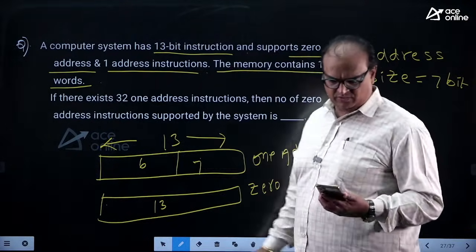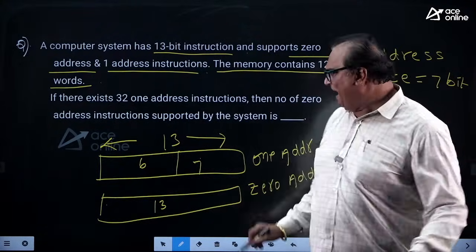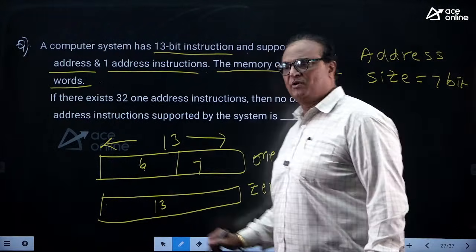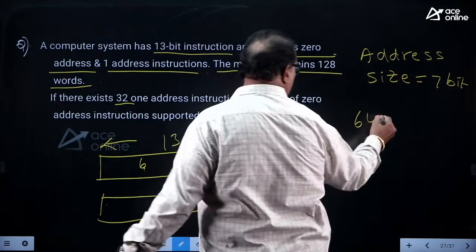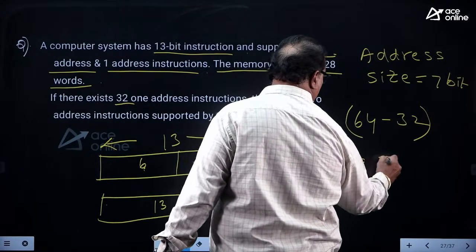The maximum number of 1-address instructions that can be formulated is 2 power 6, which is 64. Out of 64, how many does it use? 32, so the difference is the free combinations, 32.